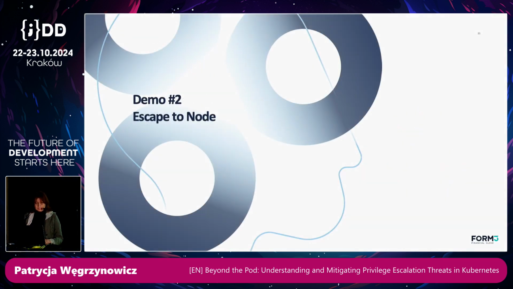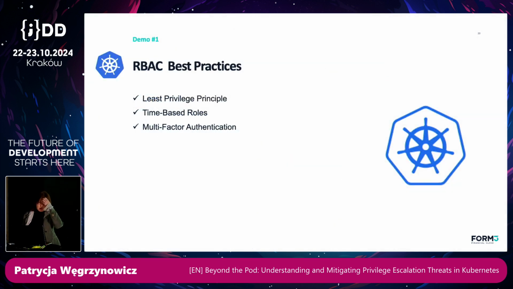So when it comes to RBAC best practices, we need to think about the least privilege principle. This is nothing new, you know that from other areas as well. We can also think about time-based roles or multi-factor authentication. With time-based roles, a user is assigned a role for a given time period, not forever.